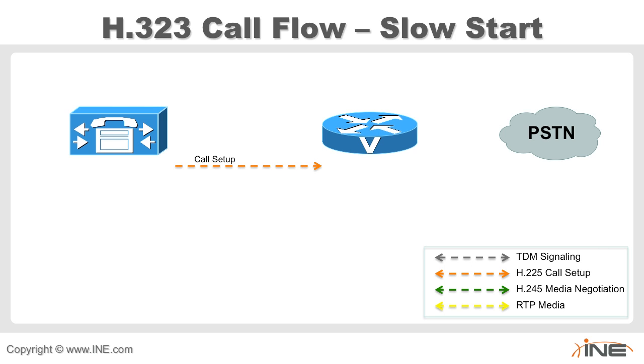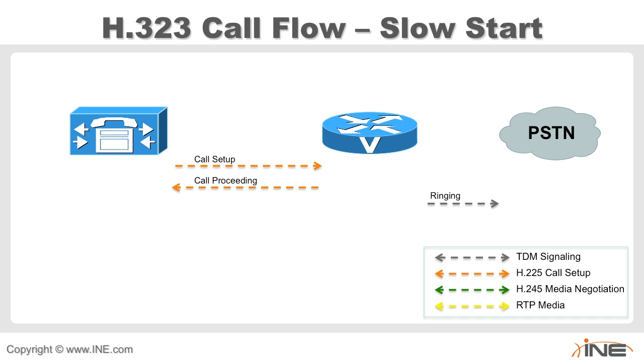So to begin with, the call setup occurs, and it could occur in either direction. So next, the known as the originating gateway, or OGW, and this would be known as the terminating gateway, or TGW. So the terminating gateway is going to send back the call proceeding.